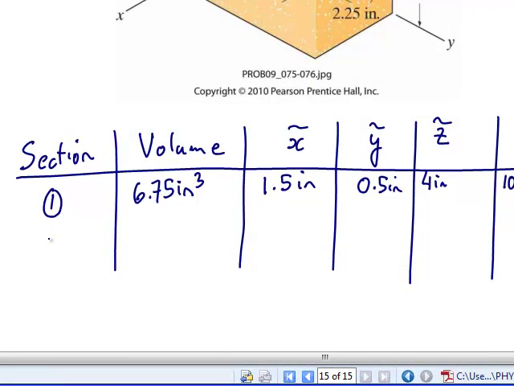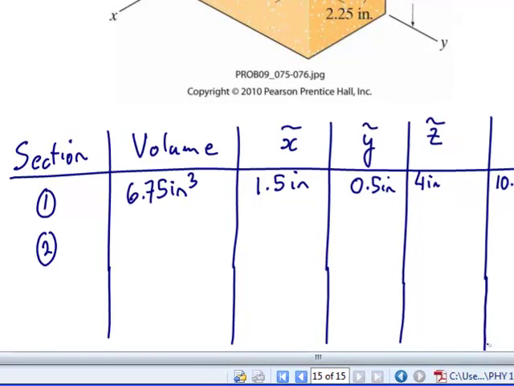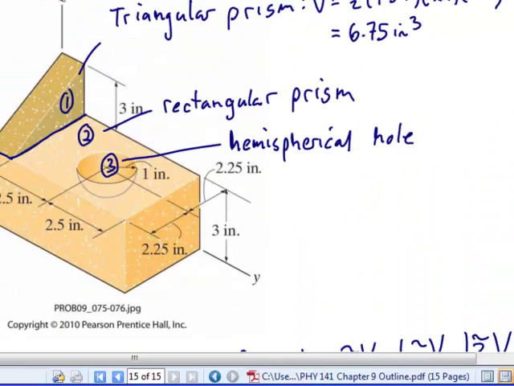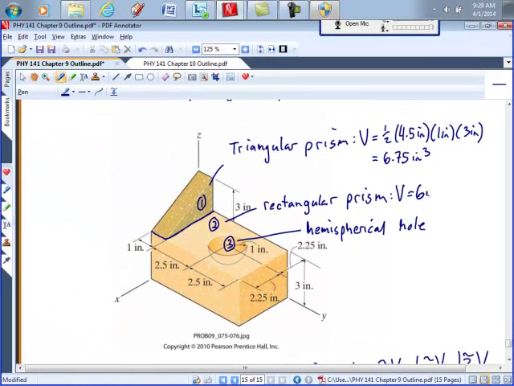All right. So section 2, which is our rectangular prism or our brick. Its volume is just going to be length times width times height. So the length looks to be 2.5 plus 2.5 is 5 plus 1 is 6. The width we already figured out before was 4.5.